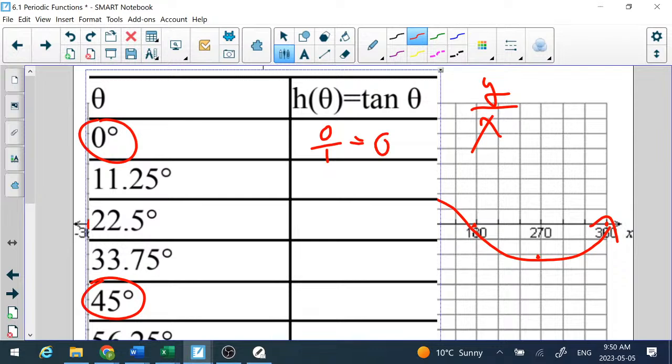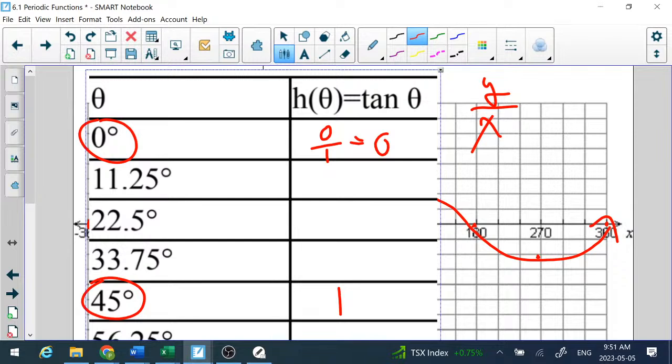At 45 degrees, what's your y value? Ooh, that's ugly. And what's your x value? Equally ugly. And what do you get when you divide ugly by ugly? You get 1. It's so pretty, right? So root 2 over 2 divided by root 2 over 2 is 1. Nice.